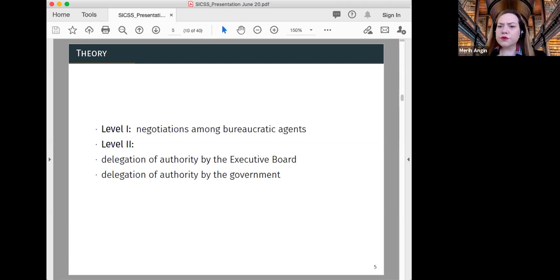So through increased leverage over negotiation processes resulting from greater delegation of authority by the government during times of economic hardship, what I term reform-minded bureaucrats in a borrowing country are able to implement reforms that would otherwise not be possible due to political contentiousness.